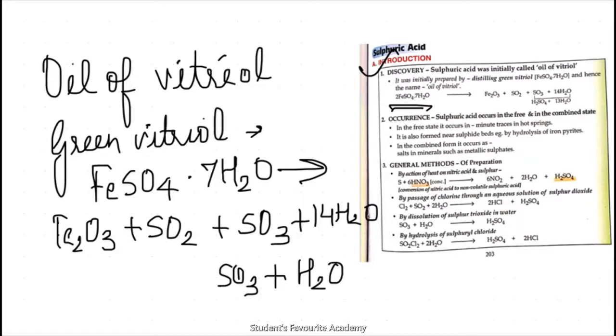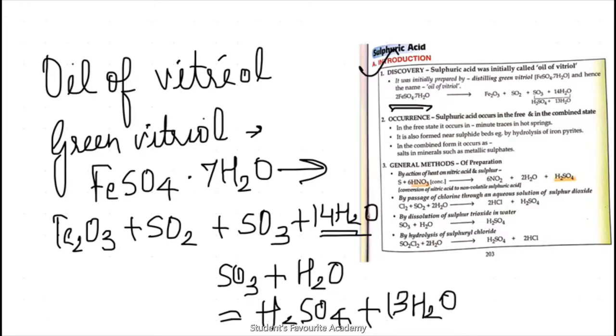So this becomes H2SO4, and then here I am left with 13H2O. So this was the reaction. These two combined to give me 1 molecule of H2SO4 and 13 molecules of water.